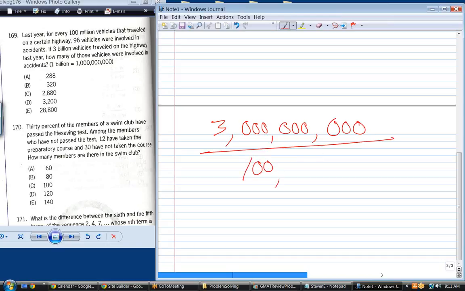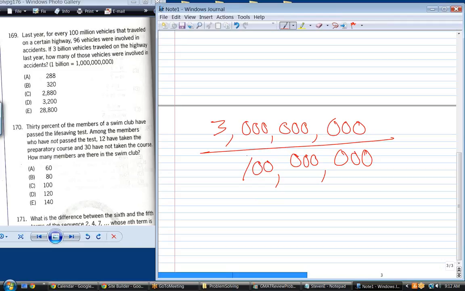And so in any 1 billion, no, I didn't do that. You didn't do it that way? No. I just took 100 million and said in every 1 billion, there's 10. There's 10 100 millions. And so I multiplied 96 times 10, and then multiplied that by 3.